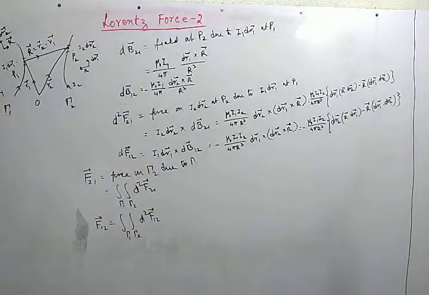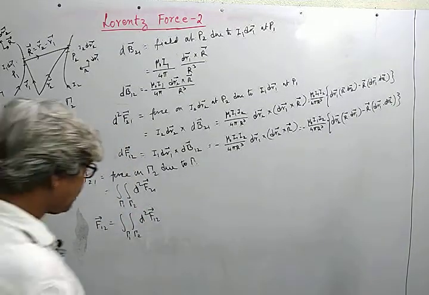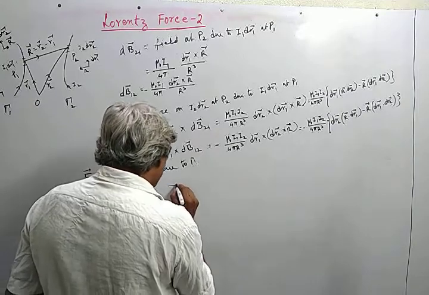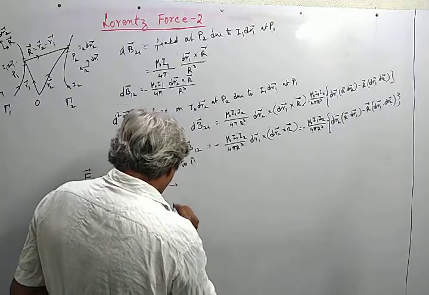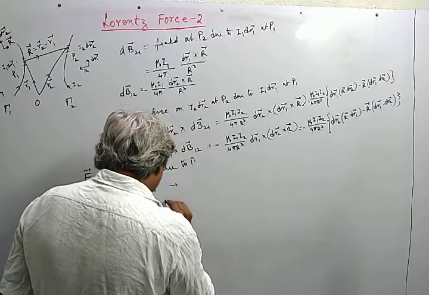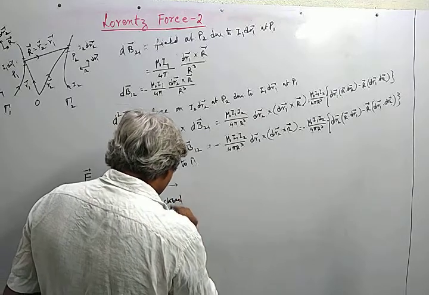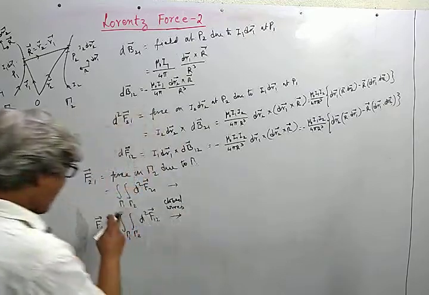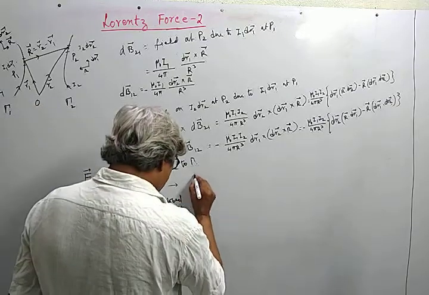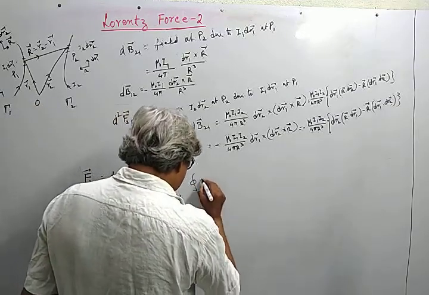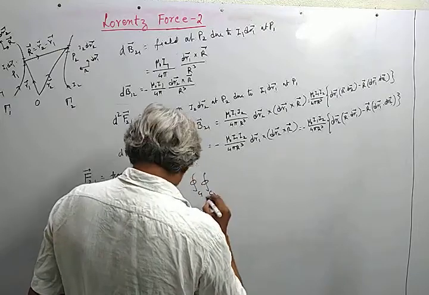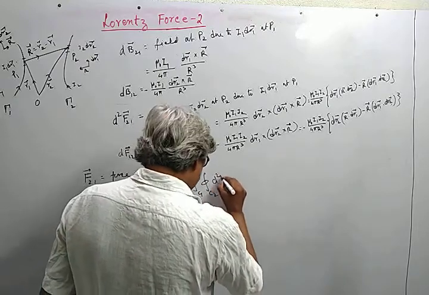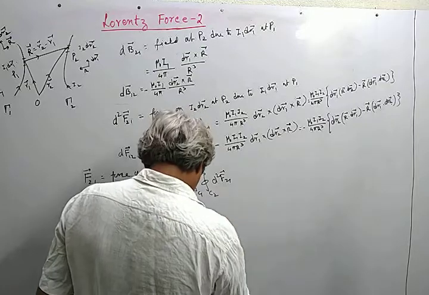If we have closed conductors, closed wires, then tau 1 will be replaced by C1, so this is C1, C2, d2F21.